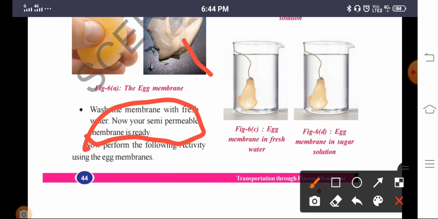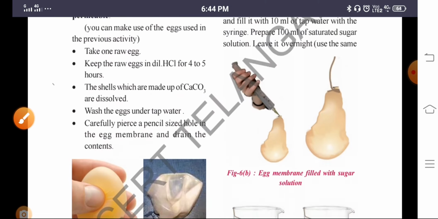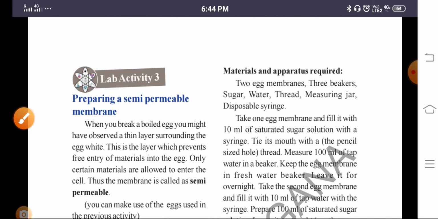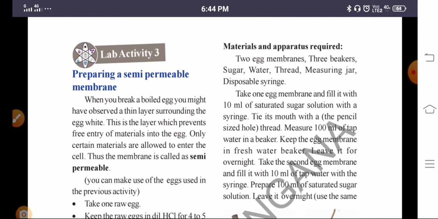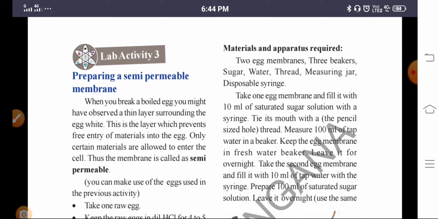So to conduct an experiment with this membrane as a plasma membrane or semi-permeable membrane, let us do these activities. For this purpose we need materials and apparatus.